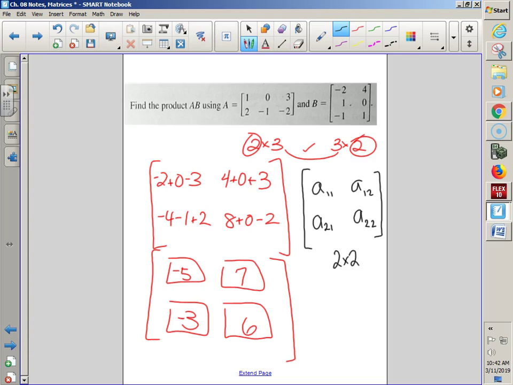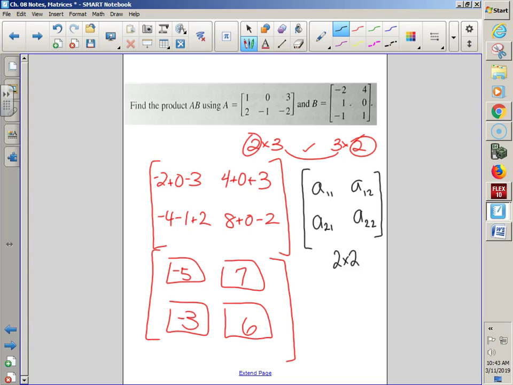But I'm going to use first row, first column. And then to get here for my answer, first row, second column. So here is another way to keep track of what you're doing each time you're doing this process. Second row, first column. Okay, second row, first column. So once you get in the habit of it, Matthew, you kind of just move without even really thinking about it.